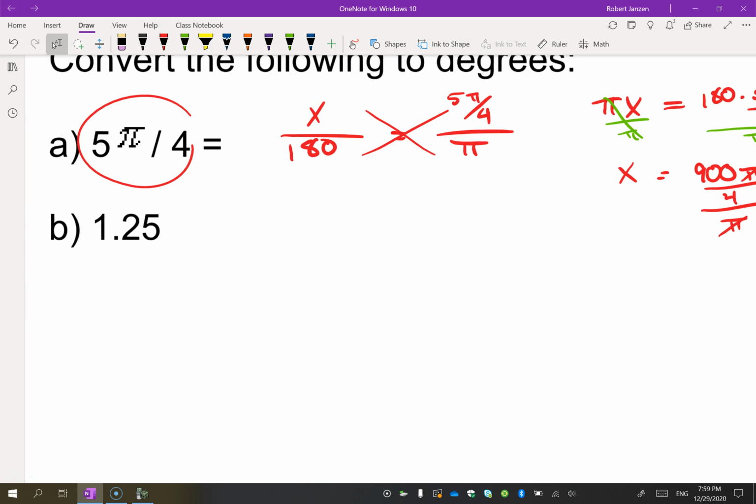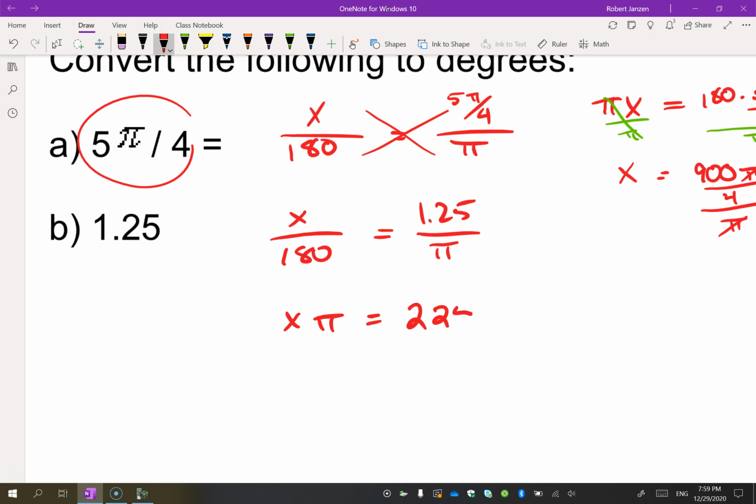Okay, let's try another one. Again, we know that 180 is pi. Put 1.25 there, put x there. If we cross multiply, we get x pi equals 1.25 times 180. That's going to be 225. Okay, and so then if I want x, it'll be 225 divided by pi.